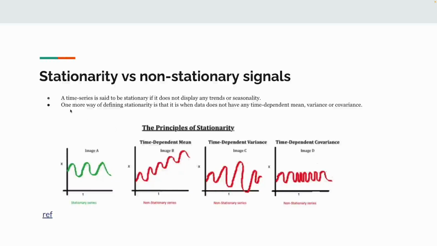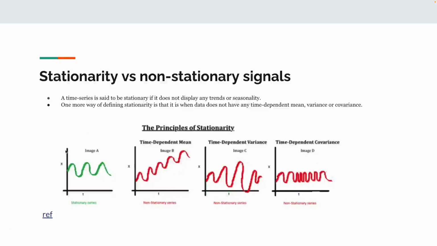If I read out, a time series is said to be stationary if it does not display any trends or seasonality. In particular, this one is not showing any trend, neither seasonality. You might observe seasonal patterns like the weather. The weather changes as per the seasons, and even the temperature in a day, because at night the temperature drops compared to the day temperature. A time series is said to be stationary if it does not display any trend or seasonality.